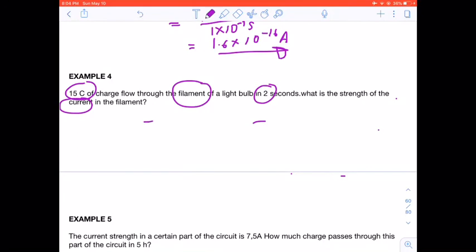So I is equal to Q upon T, which is equal to 15 coulombs upon 2 seconds, which is then equal to 7.5 amps.